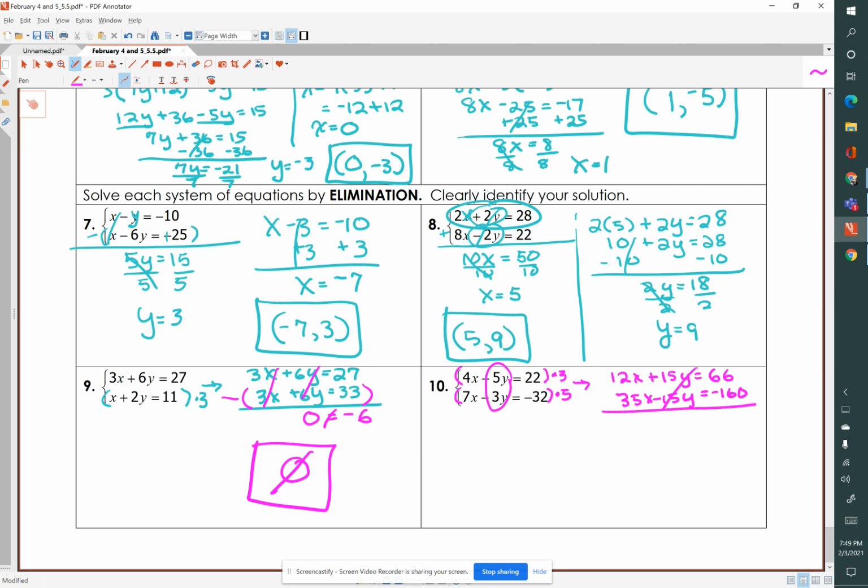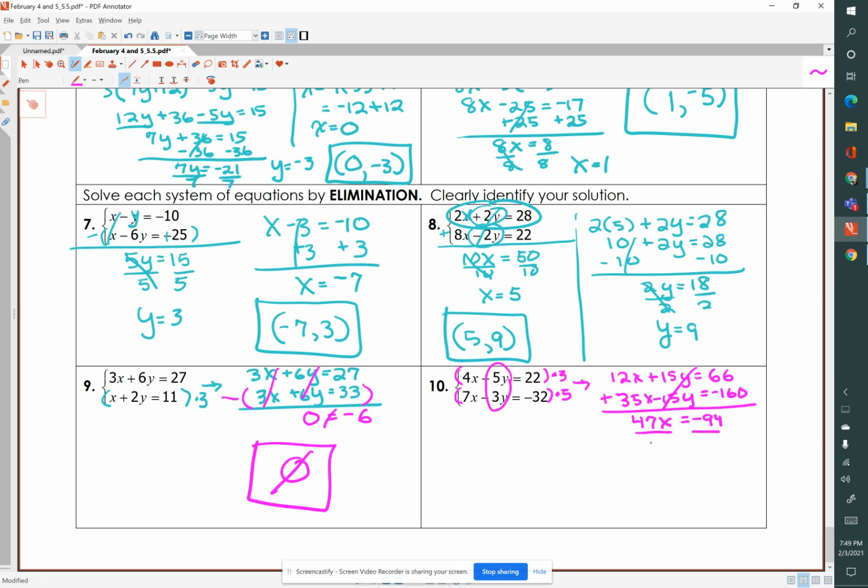So we've eliminated y. Let's just add these two together, which is what allows us to eliminate y. So 12 plus 35 equals 47x. So 47x equals 66 minus 160, which is negative 94.